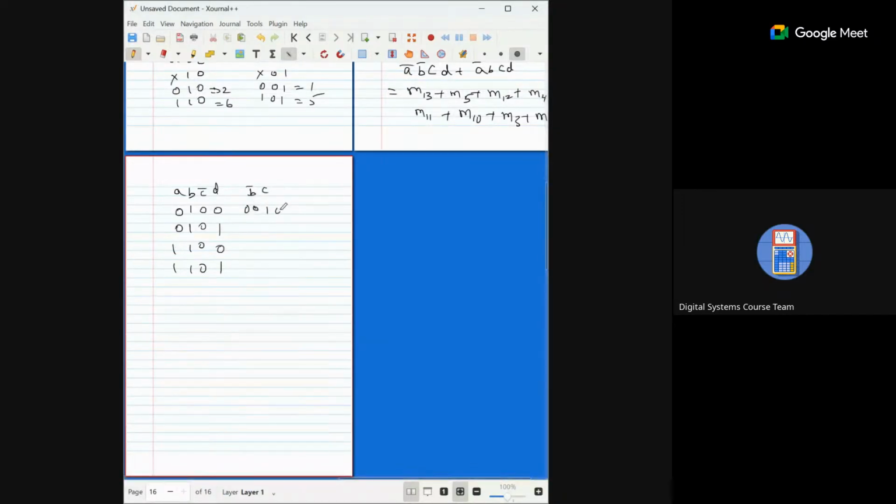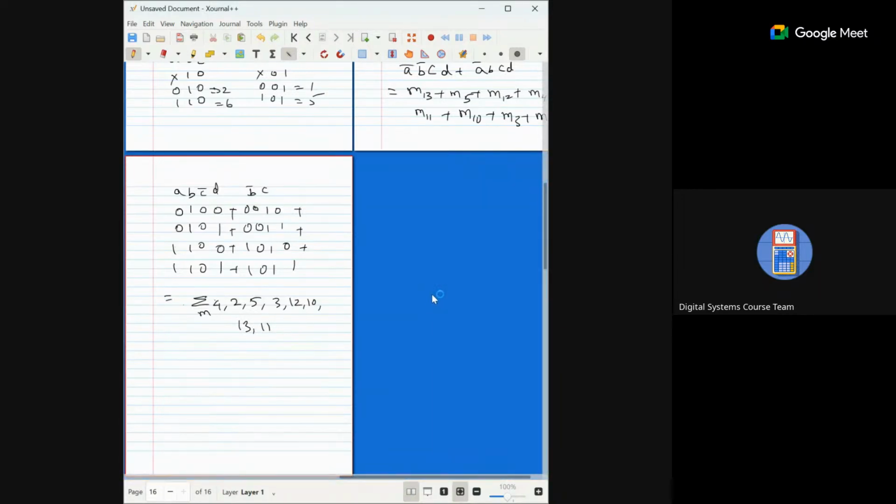Similarly here 0 0, 0 1, 1 0, 1 1, and B and C remain constant. Okay. So with this process, you will get the summation of M4, 2, 5, 3, 12, 10, 13, and 11.